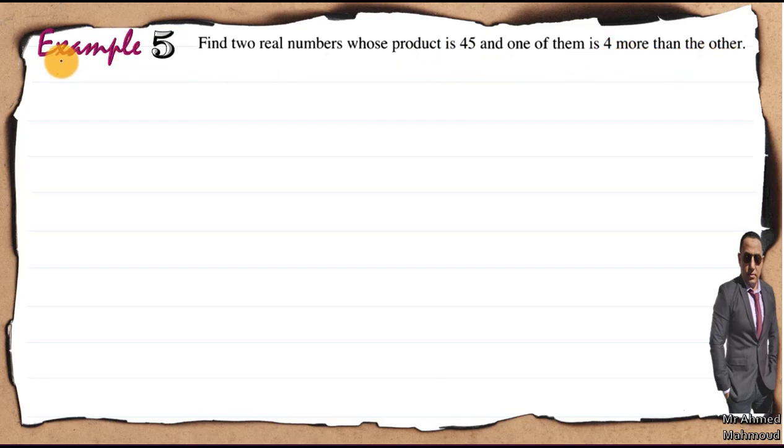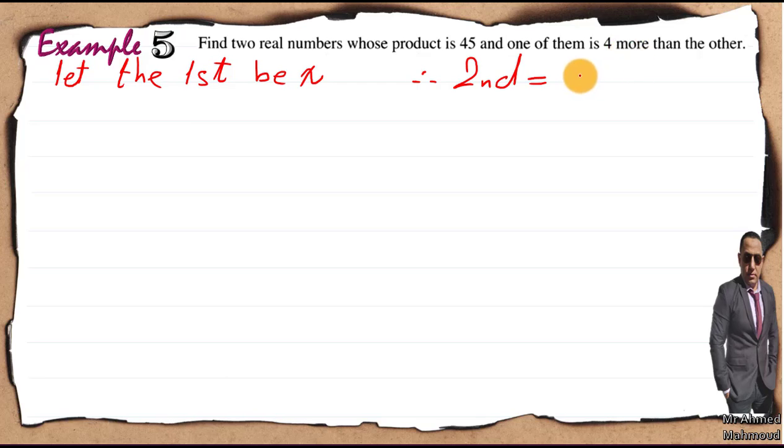Okay, let the first be x, therefore the second is 4 more than the other, so the second is x plus 4. Now the two numbers are x plus 4 and x.